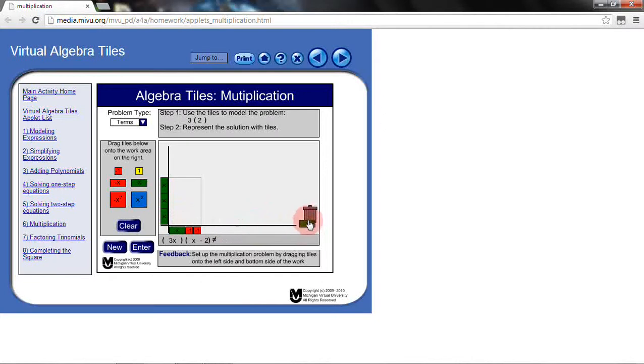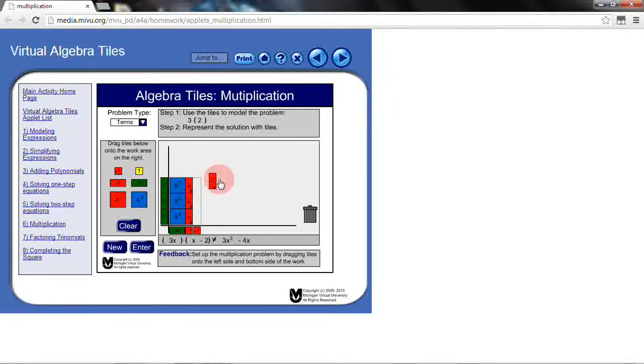So if we go back here and I put in my x squared, I'm going to do x times x, which is x squared. And so the next thing you would do is your negative 1 times x, which is negative x, and then you just keep doing that. Negative 1 times x, which is negative x, and you'd complete this out.